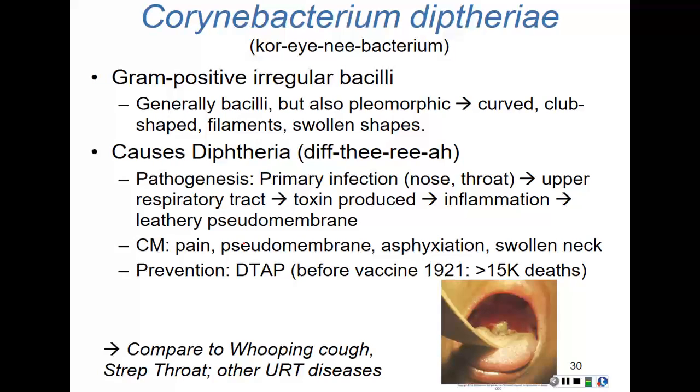So we have Corynebacterium diphtheriae. This is generally bacilli, but you can see there's some pleomorphic nature to it. So under the microscope, it can be very difficult to characterize its morphology due to this. Causes diphtheria.